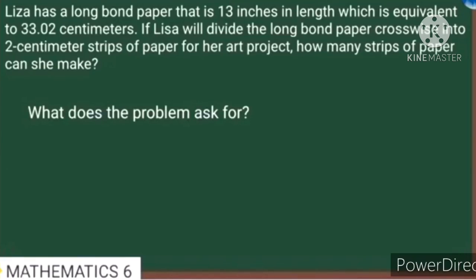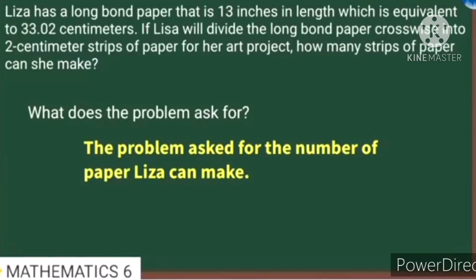What does the problem ask for? Very good. The problem asks for the number of paper strips Lisa can make.